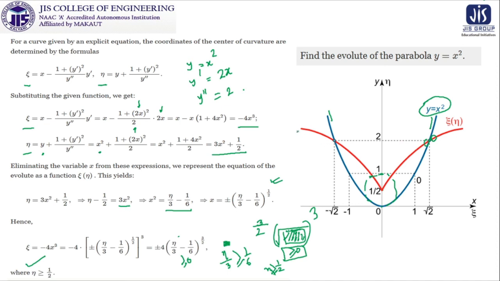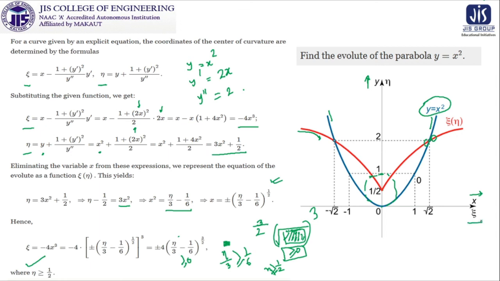So what we see is that we have this red line as the locus of this particular thing, and this red line is the evolute of the parabola y equal to x square. It is one very important point to observe that this is the direction of x, this is the direction of y for the blue line.